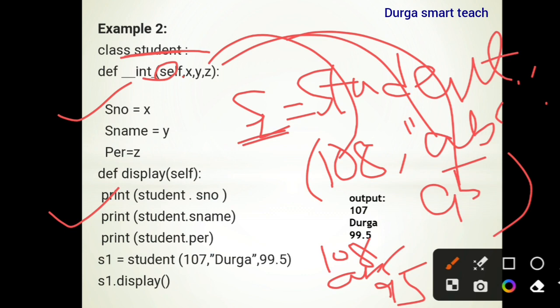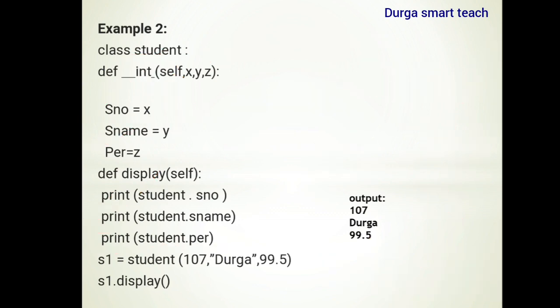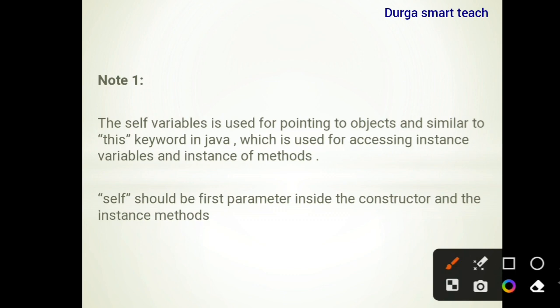First self is pointed to s1, next self is pointed to s2. If you create s3 and s4 objects, then self is pointed to s3 and then to s4. Self is used to point to the current working object. Next, self should be the first parameter inside the constructor and instance methods.